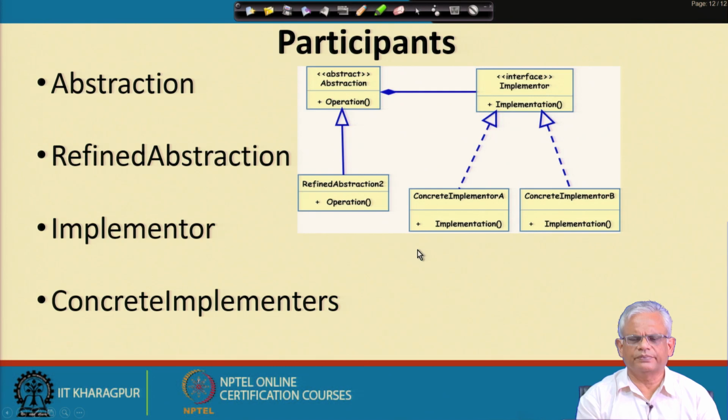If we look at the participants of this pattern, we have the abstraction, the refined abstraction, which are basically concrete classes in the application domain. The implementation is an interface, and then there are concrete implementations, which are basically classes defined on platform variations and so on.